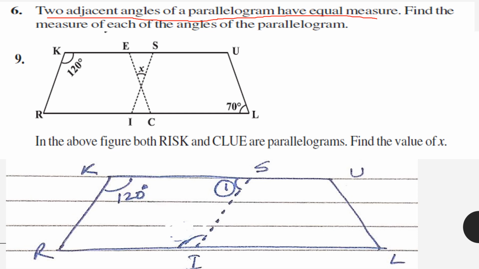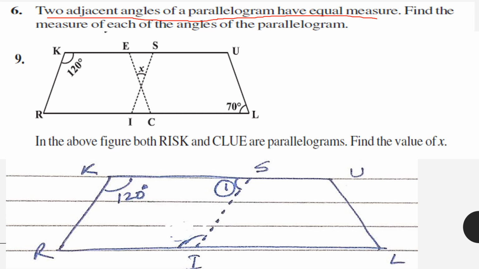Now it is saying two adjacent angles have equal measure, so if one is x, the other is also x. The question is the same, only a little bit is changed. Assume them as x and x, but again they are supplementary. Use that to find the angles, and then you can say what the opposite angles are. Very simple. Try on your own.